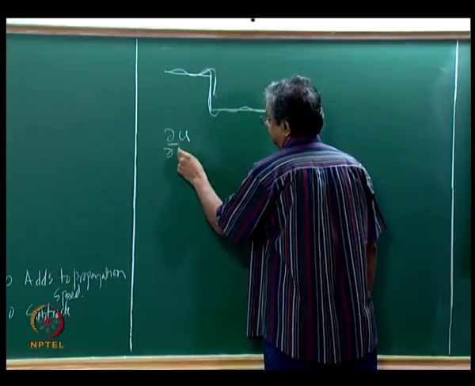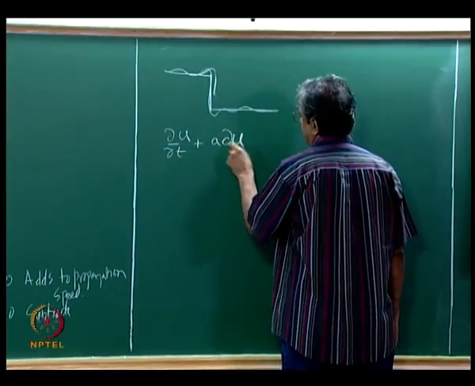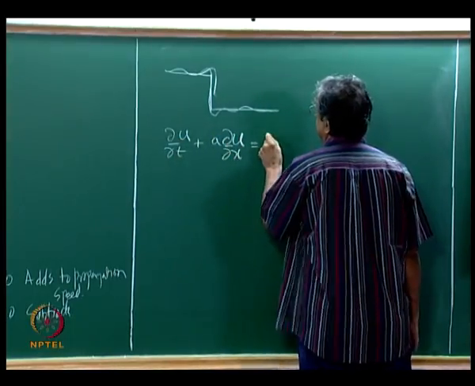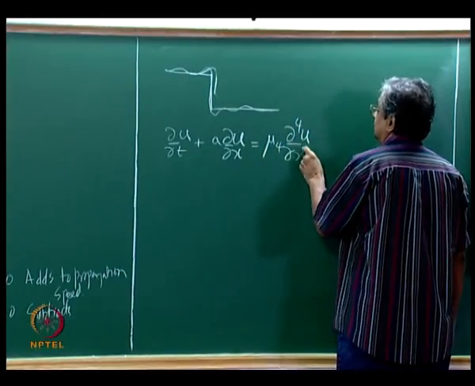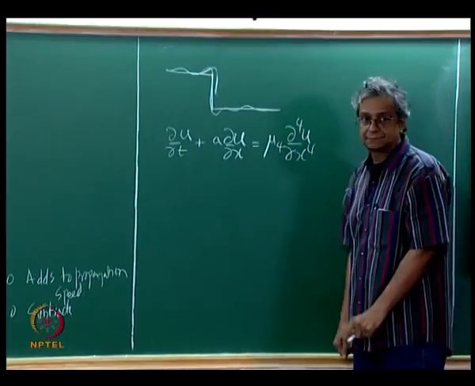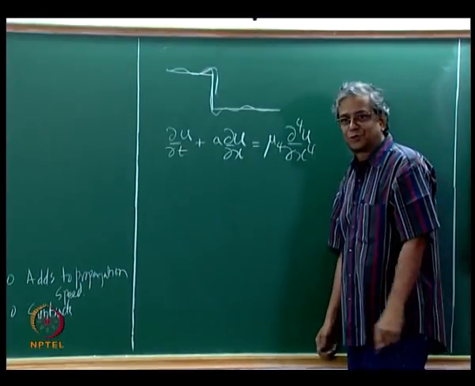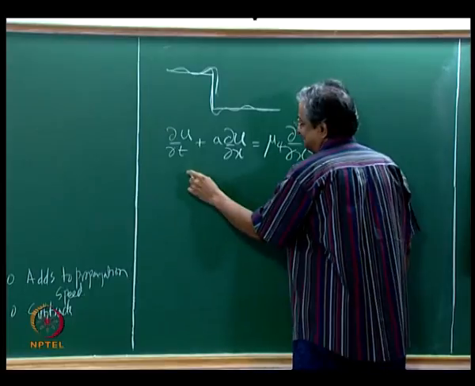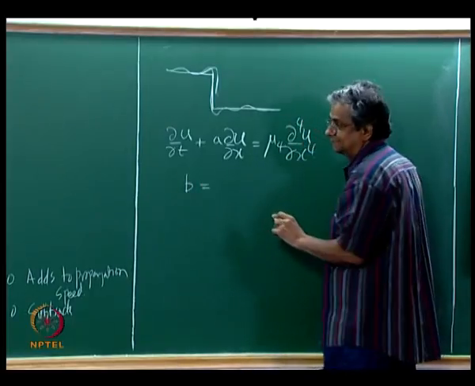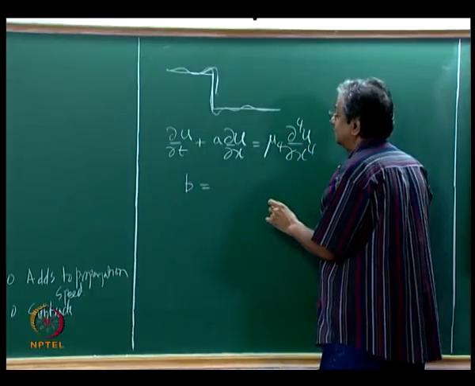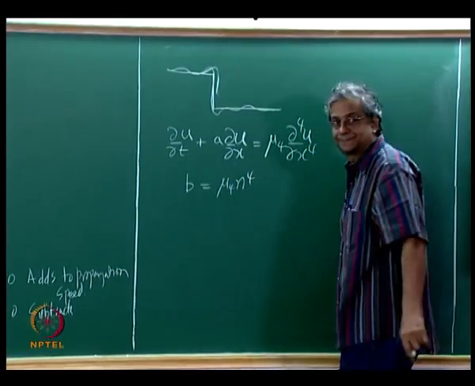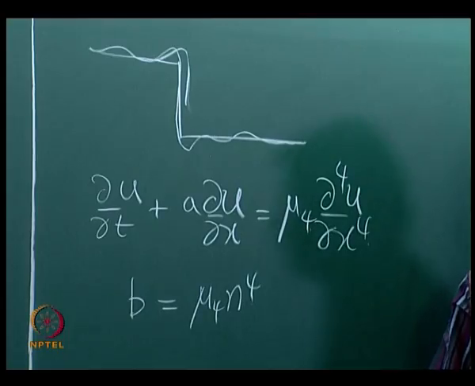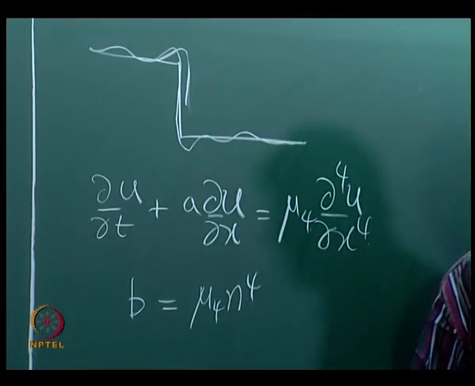∂u/∂t + a ∂u/∂x = μ4 ∂⁴u/∂x⁴. We do not have to go through the whole process, right. B equals μ4 n⁴. So this is just like the second derivative, there is a difference though.